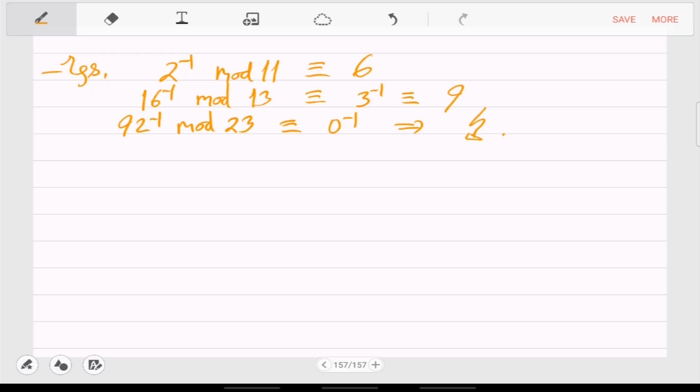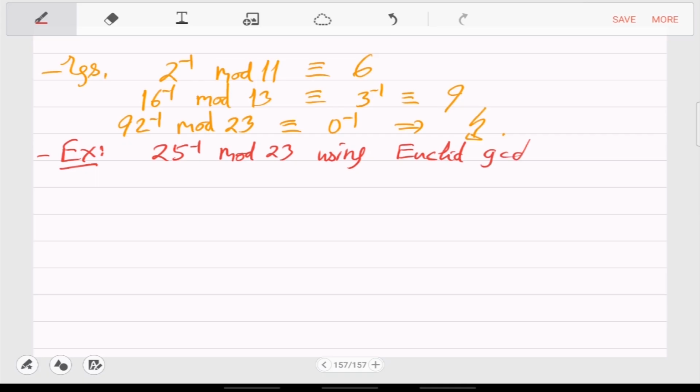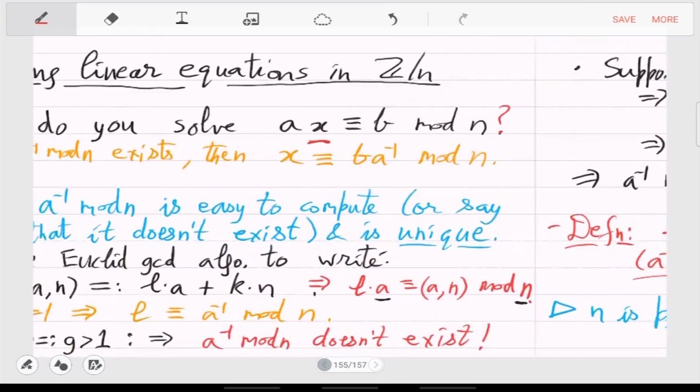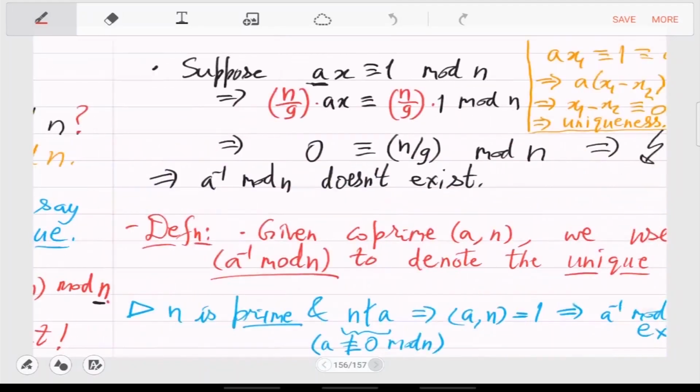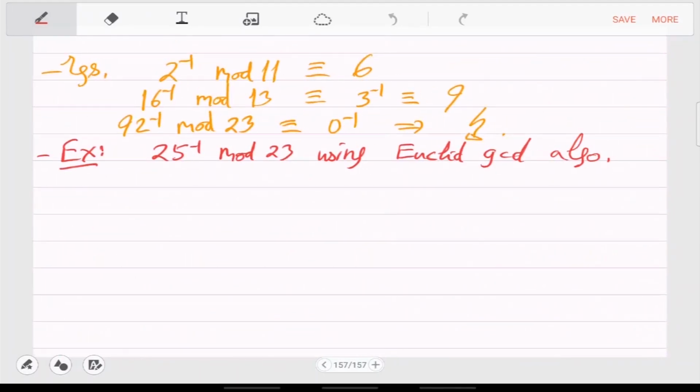And this I will not do, but you can do as an exercise. You compute 25 inverse mod 23 using Euclid's algorithm. Basically you have to do what was said in this lemma, that you compute the GCD of 25 and 23.